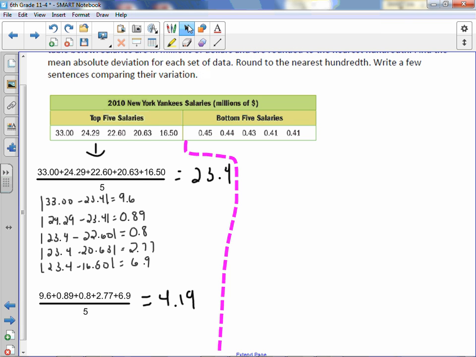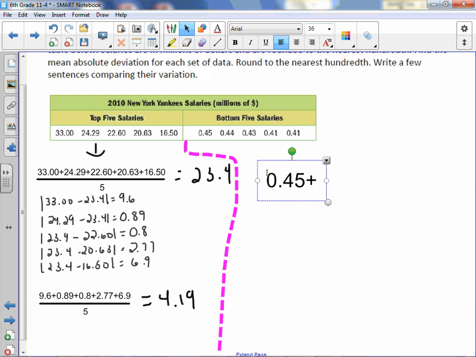Now let's take a look at the bottom 5 salaries. Let's go ahead and add those up and divide by the total amount to find the mean. 0.45 plus 0.44 plus 0.43 plus 0.41 plus 0.41.